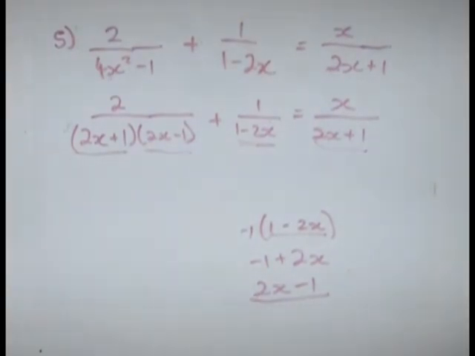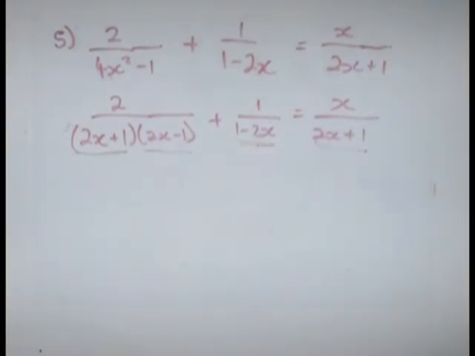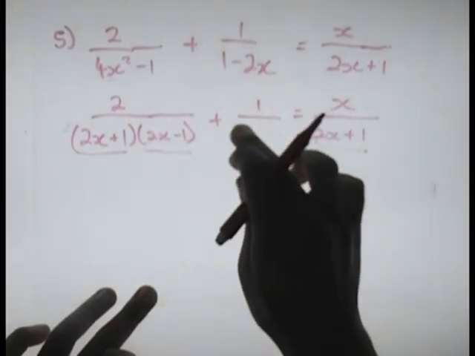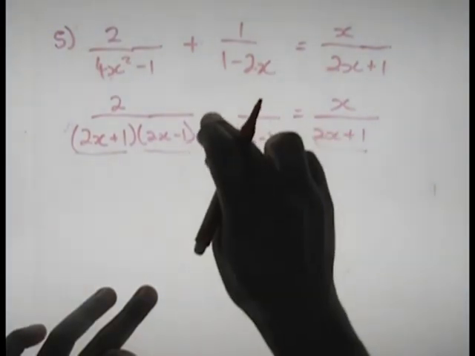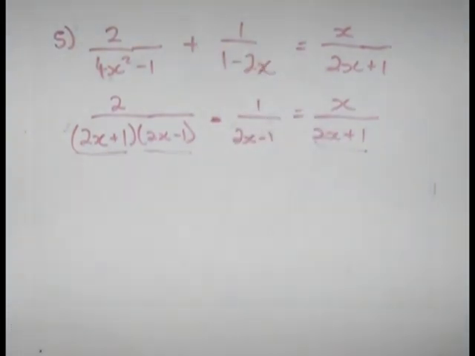So what we are going to do, we are going to use a technique called changing the sign. In order to make this 2x minus 1, we are going to multiply it by a negative, so that positive will become negative. Now I can find my LCD.